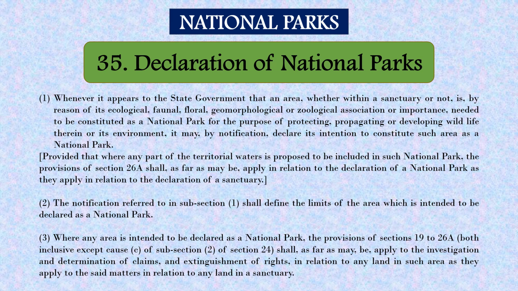When we have to declare any area as national park, whether it is within a sanctuary or not, because of its ecological, faunal, floral, or geological importance, those areas are required to be constituted as a national park, and it is done to protect the wildlife or the environment of that particular area.